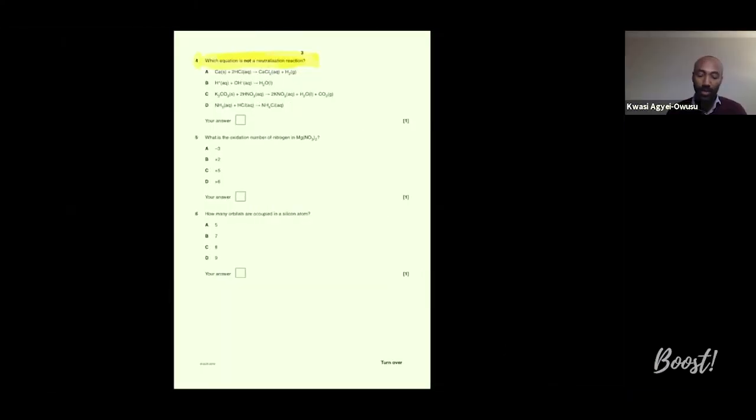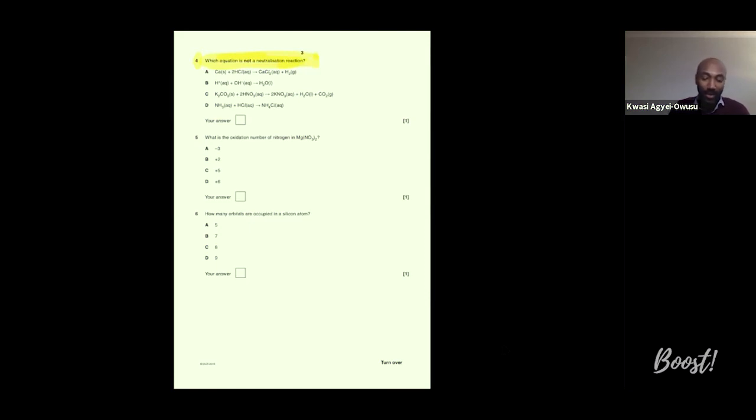Okay, so we've got a question here from our 2016 paper, and we're asked to say which equation is not a neutralization reaction. So the first equation is calcium reacting with hydrochloric acid. Second reaction is H plus reacting with OH minus ions. In the third reaction, we've got potassium carbonate reacting with nitric acid.